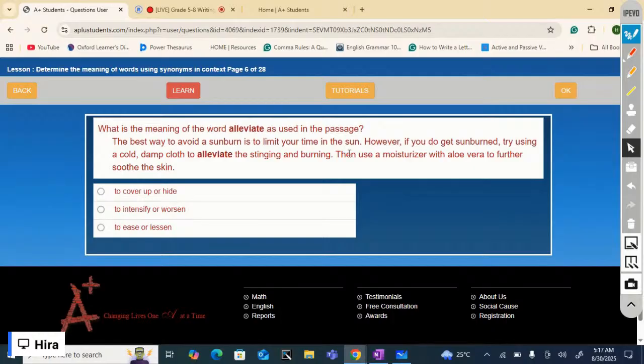Now, what is the meaning of the word alleviate as used in the passage? To cover up or hide, to intensify or worsen, or to ease or lessen. See, try using a cold, damp cloth to alleviate the stinging and burning. Now, try to understand the meaning. Option one, two, three. Which one is the meaning of alleviate?